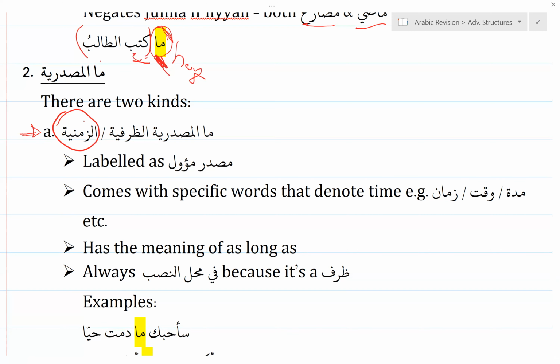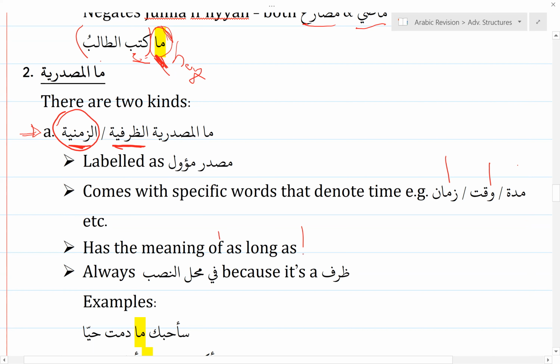It has some aspect of time. That's why we have zamaniya in the title of it. So it can either come with the word zaman, waqt, mudda, whatever, any connotation of time, or some kind of dharf of time. Yeah, and it has the meaning as long as.